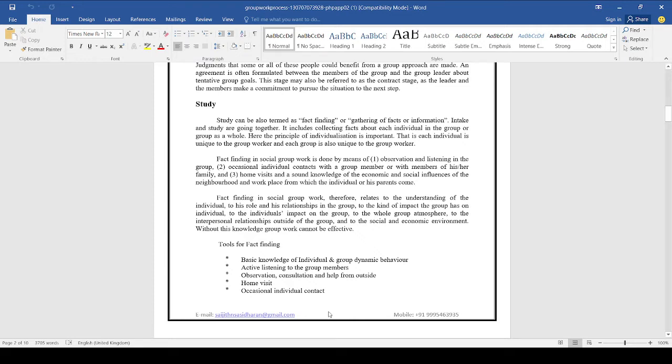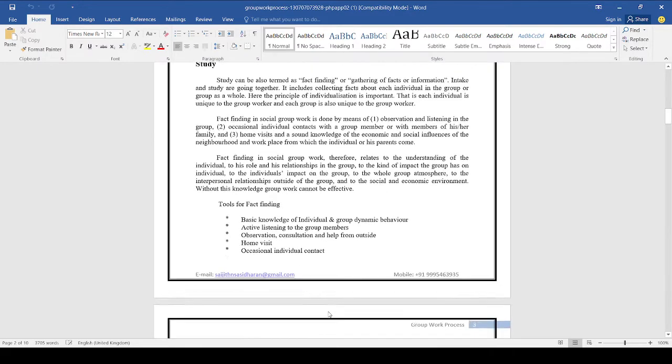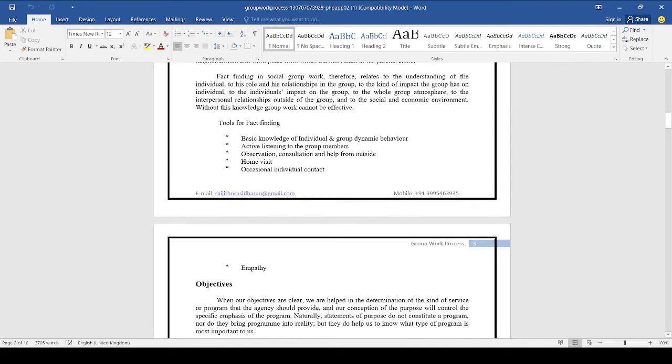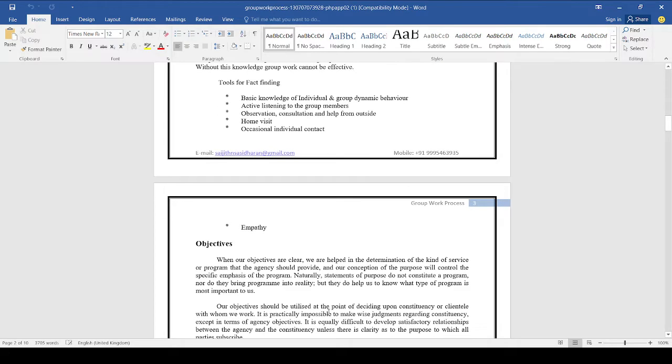We can use the home visit to know about the interpersonal relationships with family members and relatives. Occasional individual contact, and empathy, we can use empathetic understanding. These are the tools for fact finding.